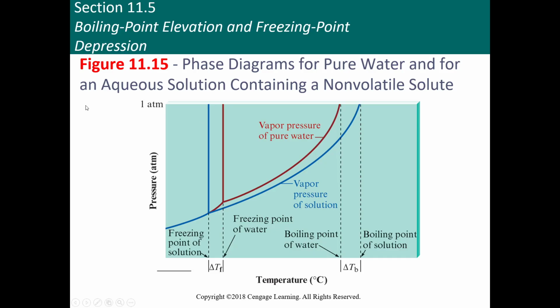We see a freezing point depression and a boiling point elevation, here being pure water, here being your solution. Many of you may have taken advantage of this, putting a little salt in water so you can get the temperature of the water higher and boil the noodles at the temperature you want.